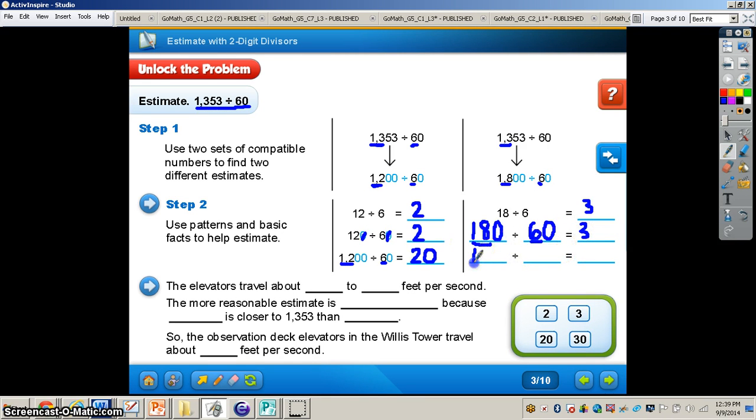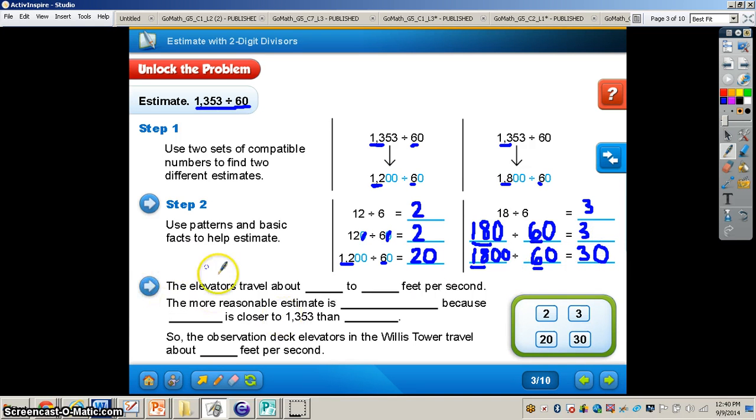However, if we take 1,800 and divide that by 60, you can just see the steps here. Compatible numbers, 18 divided by 6 is 3. You take the zeros in the dividend and subtract the zeros in the divisor. 2 zeros minus 1 zero leaves 1 zero, giving us 30.